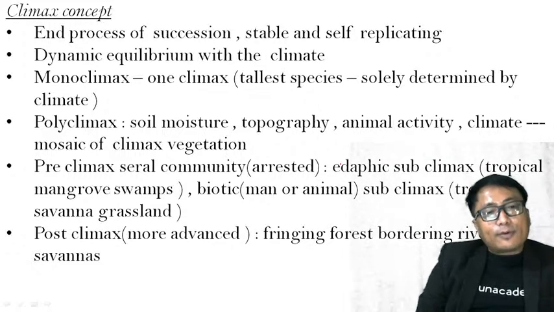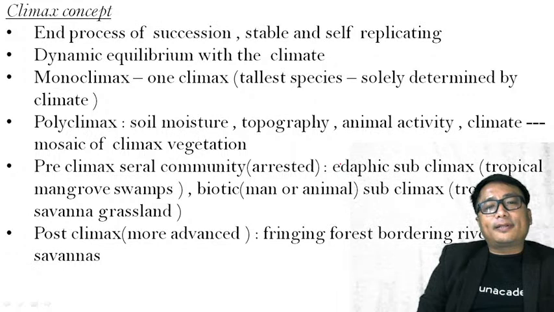The climax can also be a polyclimax. What is the meaning of this polyclimax? Soil moisture, topography, animal activity, climate, a mosaic of climax vegetation.